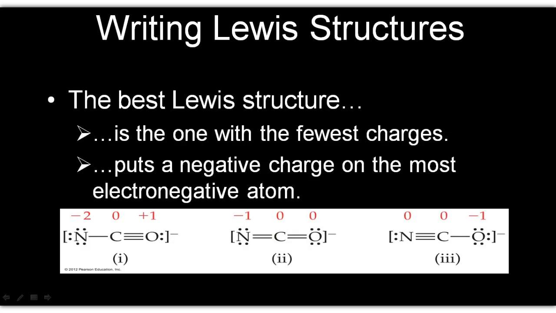Same scenario here, in which we have nitrogen, carbon, and oxygen. We have 3 ways this could be put together. We could have the one on the left, in which we have a -2, +1 arrangement, or we could have the one in the middle, which has a -1 on nitrogen, or a -1 on oxygen. The way we decide this one is, I can't get past the charge.